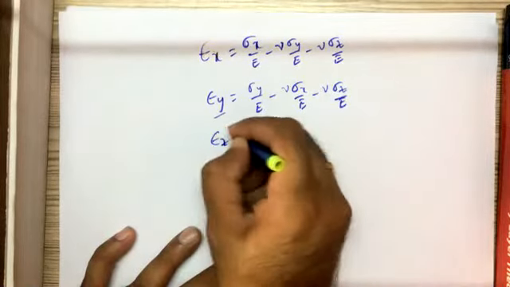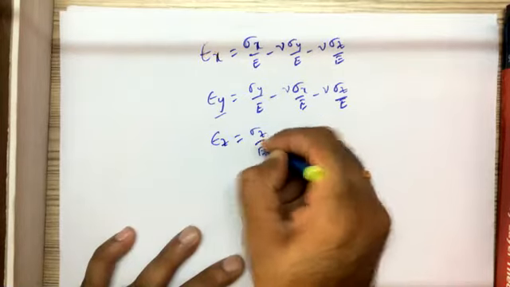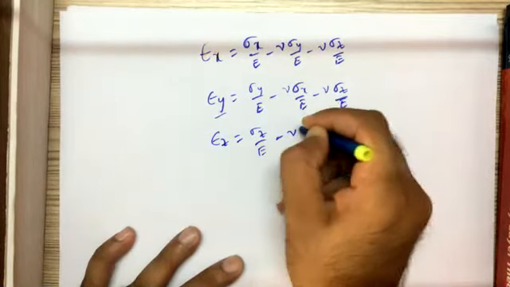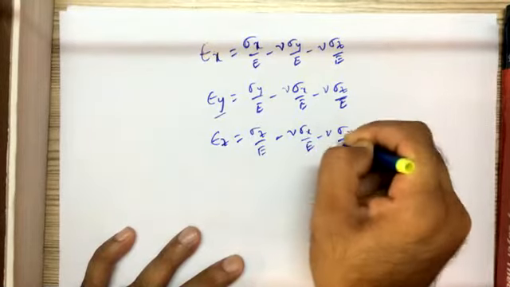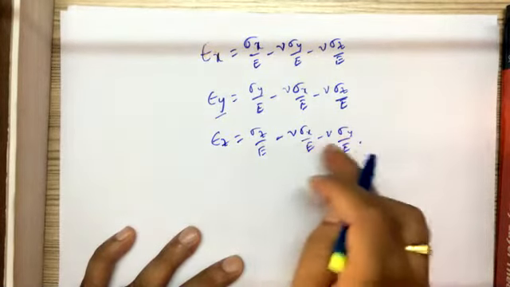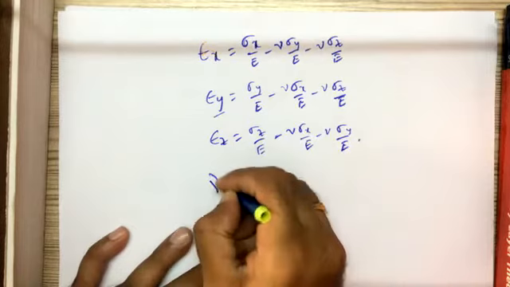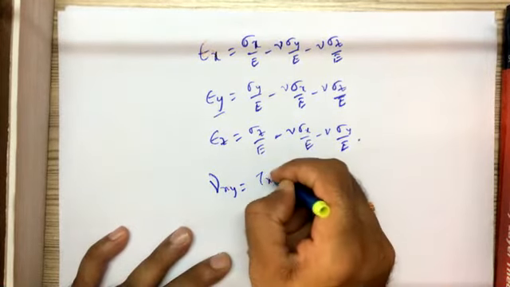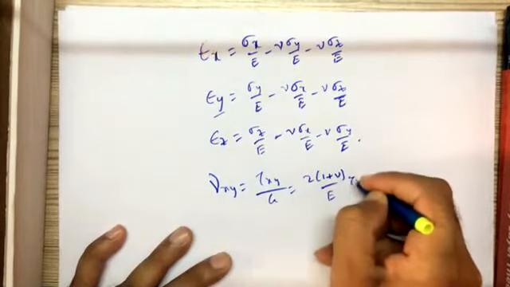Now you look into z. Epsilon z is equal to, yes, simply sigma z by E minus mu into sigma x by E minus mu into sigma y by E. Lateral strains for the other two directions, right? Similarly, gamma xy is equal to tau xy by G, which is 2 into 1 plus mu by E into tau xy.